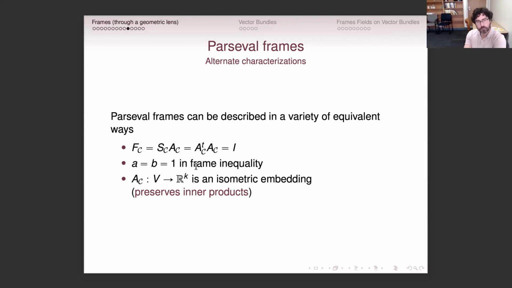In general, the analysis operator of a frame is an injective linear map from your vector space into R^k, but in general, it doesn't play nicely with the inner products. In the case of a parsable frame, the analysis operator is actually an isometric embedding, so it's preserving inner products on your space. And this actually characterizes parsable frames. They're exactly the ones whose analysis operators are isometric embeddings. Again, this is how I like to think about them because I view it as a nice geometric way of doing things.